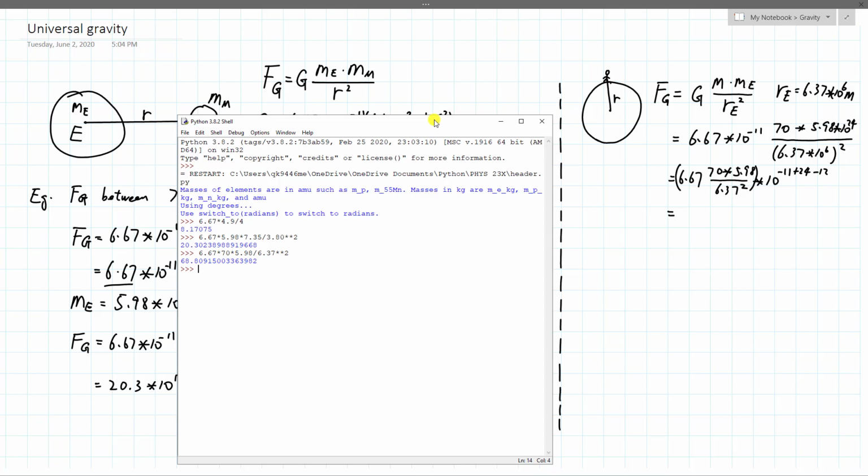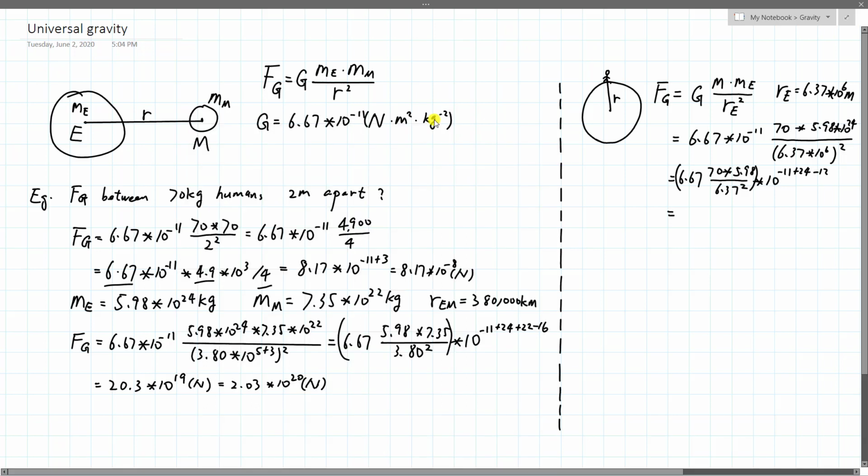Okay, so I got 68.8. Okay, so we have 68.8 times 10 to the, okay, so I have minus 11 and minus 12, that's minus 23, plus 24, so I'll just have that 1 left. Okay, so this is 688.